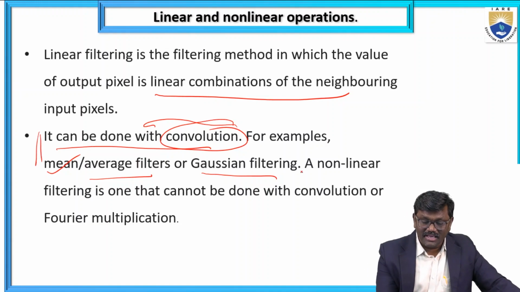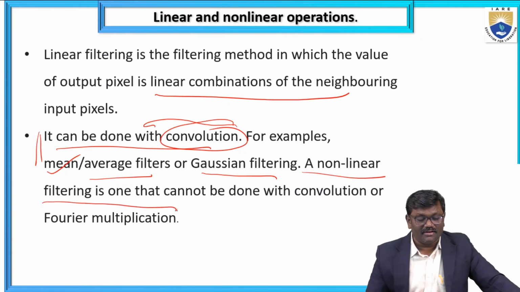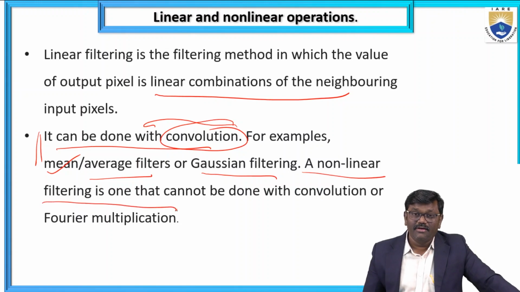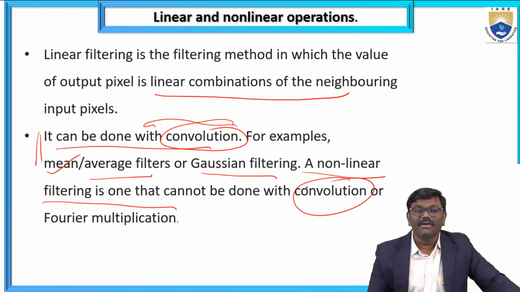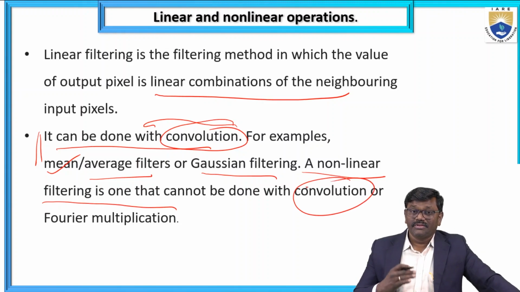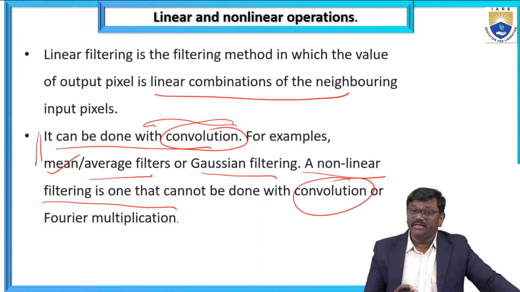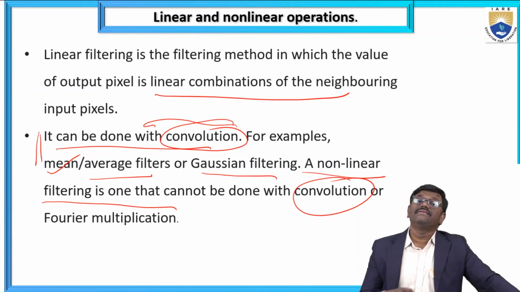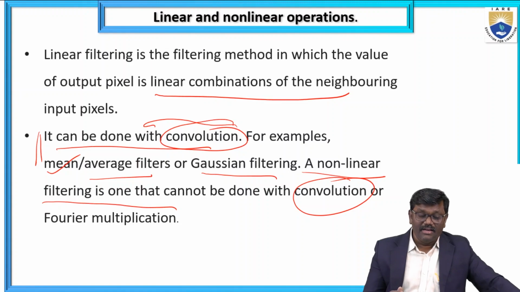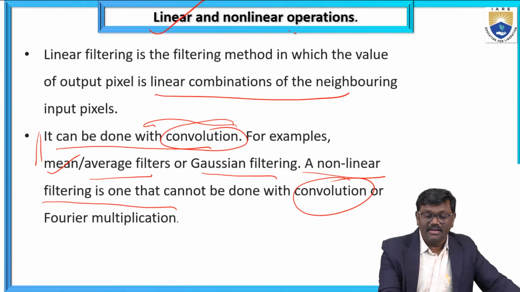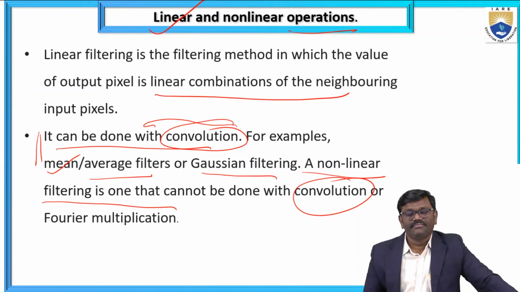Whereas non-linear filtering is one that cannot be done with a convolution. Why? Because convolution is completely a linear filtering operation, a linear operation.